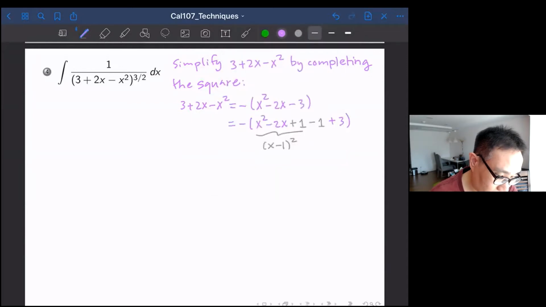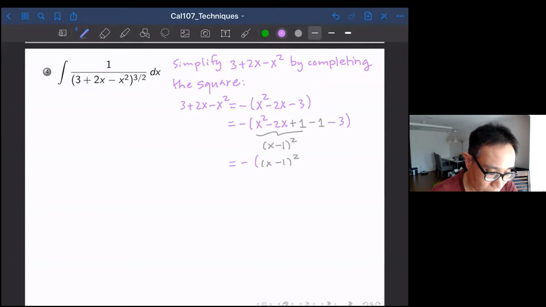So you're going to get negative, and you have (x minus 1) squared, which is the gray term, and you have negative 1. Sorry, it's minus 3, right? I copied the sign wrong.